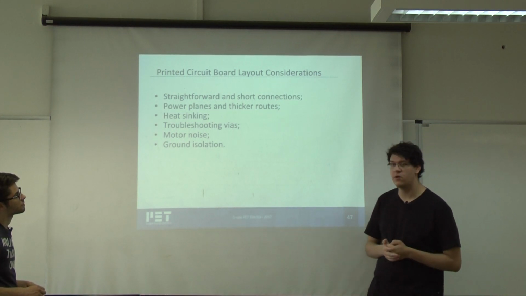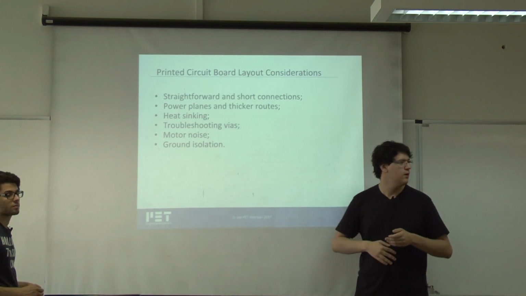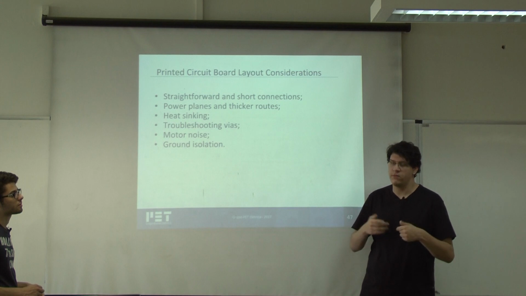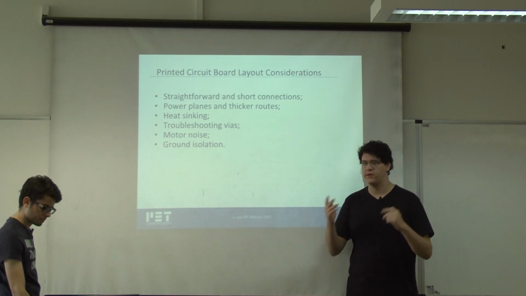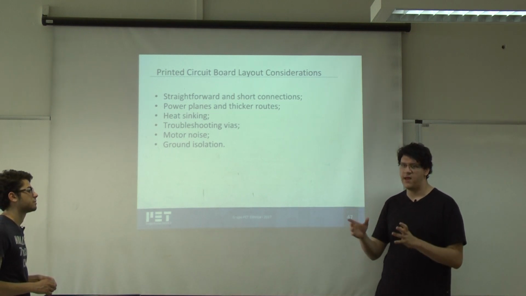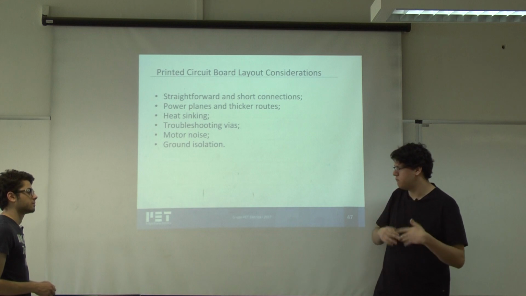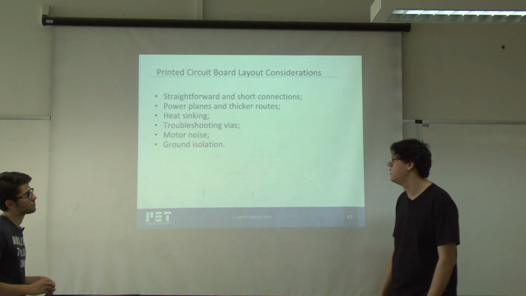You also have to make troubleshooting vias, which are holes in your board made to troubleshoot it. You can test each one of the pins in your integrated circuit and see how your control feedback is dealing with all sorts of problems in the circuit.